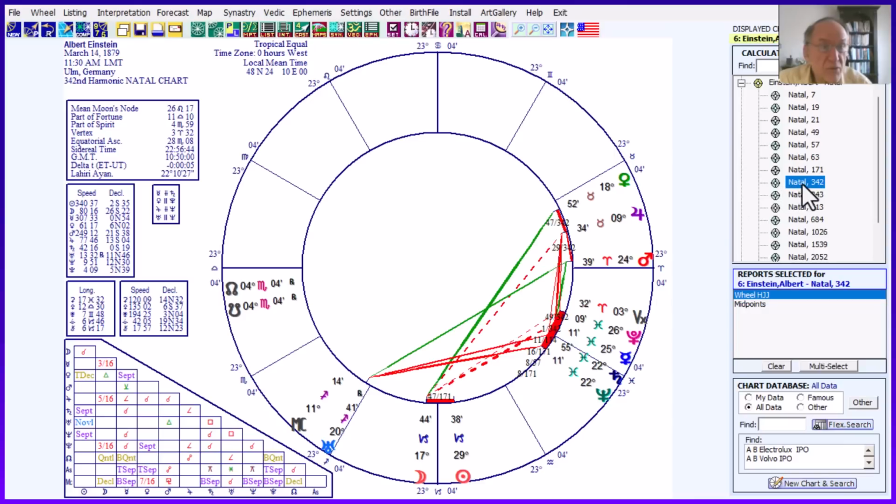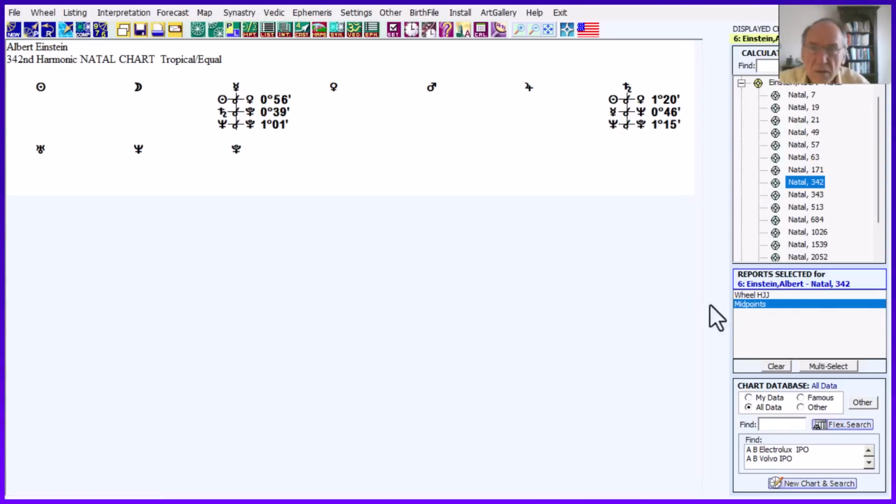An interesting thing when you look at this and the 342 vibration, the order of the planets is Neptune, Saturn, Mercury, Pluto. If we look at the midpoint structures, I'm not sure. Yeah, you see Mercury's at Saturn, Pluto, 39 minutes.